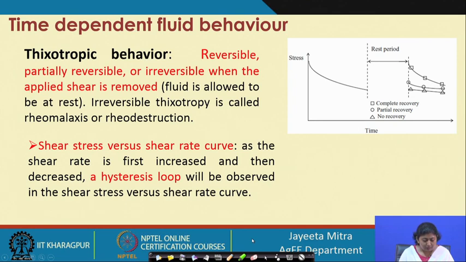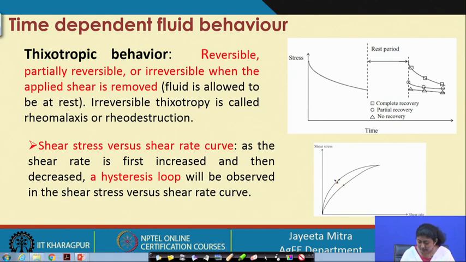Now, if we plot the shear stress versus shear rate curve in case of this kind of material, as the shear rate is first increased, and then it is again decreased, we will get a hysteresis loop. Okay.